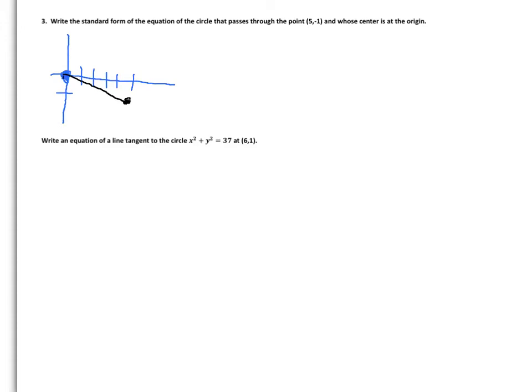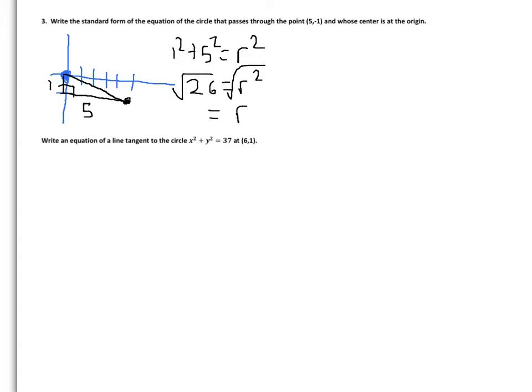Well, we know this distance is 1, this distance is 5. It's a right angle. So 1 squared plus 5 squared equals r squared. 26 equals r squared. Square root it. So the radius is the square root of 26.